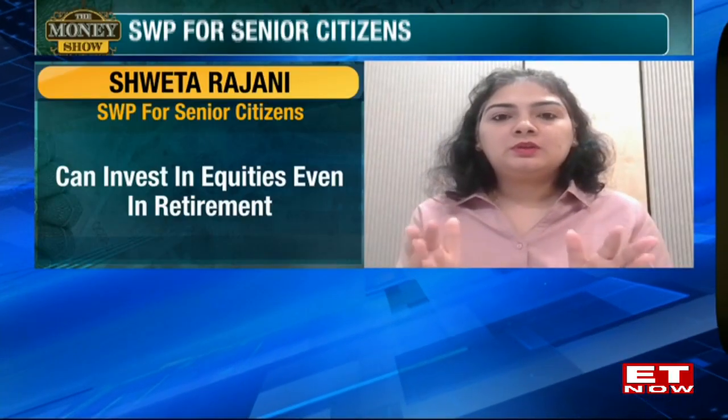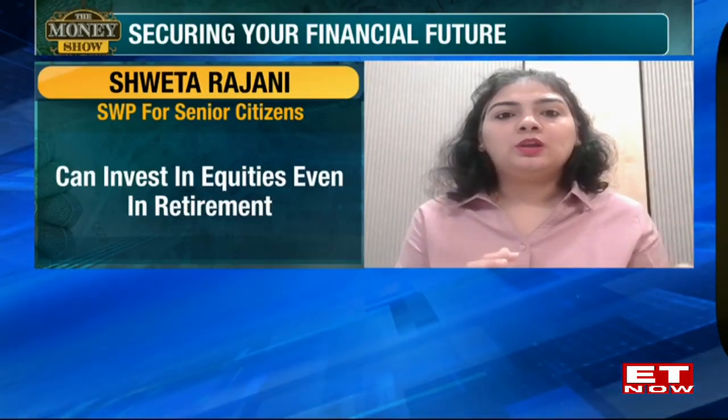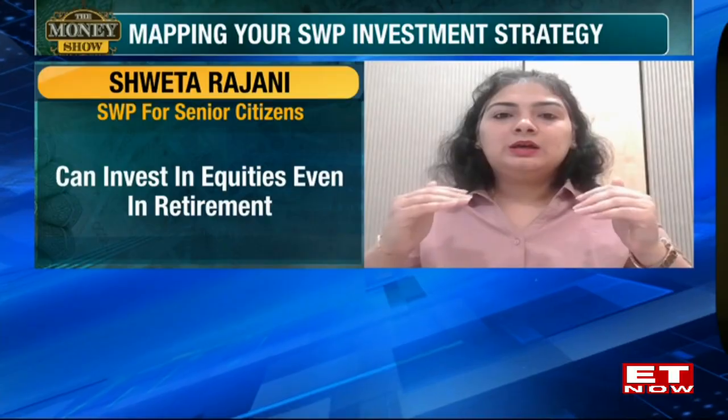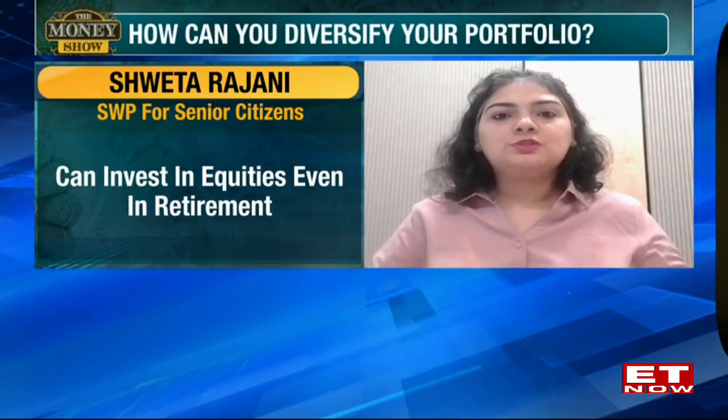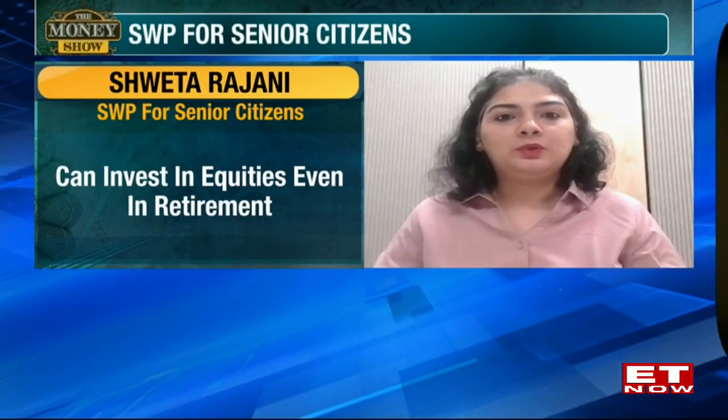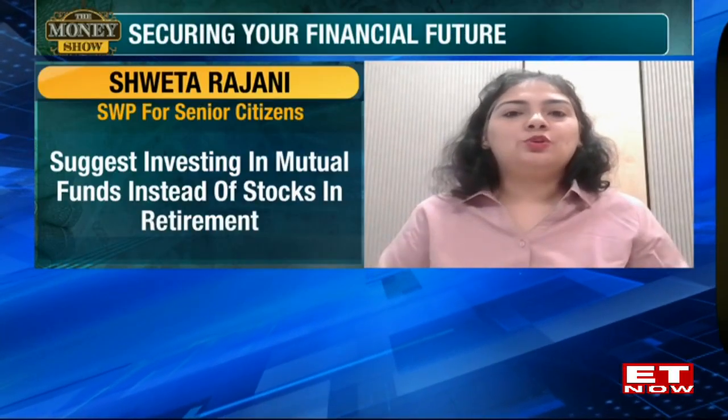So have a good amount of allocation to all, large, mid, small, in your portfolio. If you bring in these diversification principles in your portfolio, then you're going to manage risk efficiently, and the longer you give to equity, your volatility reduces. So it'll help. Even if you're in retirement, you definitely can have a portion in equity.